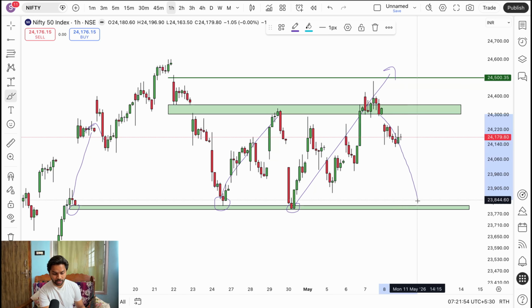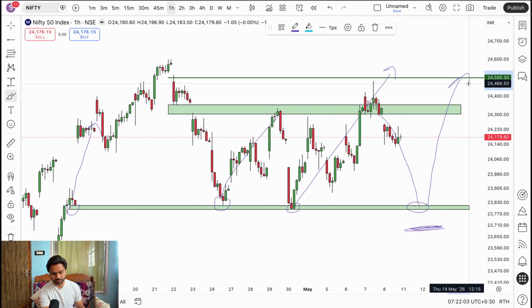So again the trading plan will be the same. If the market comes here, we will look for buying and will keep a stop loss just below around these levels, and will again target higher levels, right? If that does not happen, if the market breaks and a strong red candle appears here, then we'll go for short positions. But 23,800 looks strong to me, and from there we can look for a bounce.